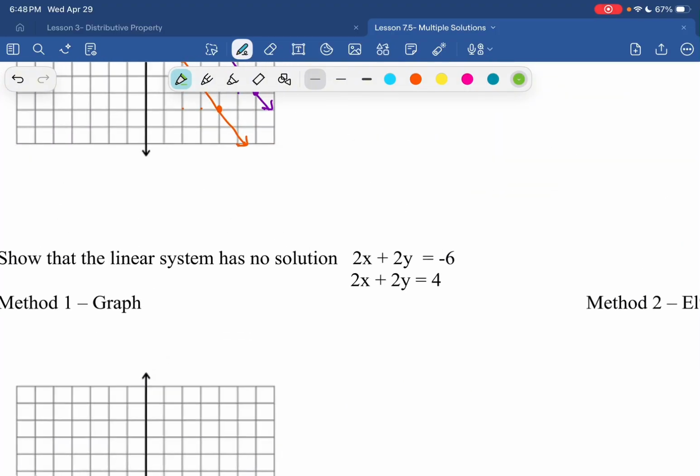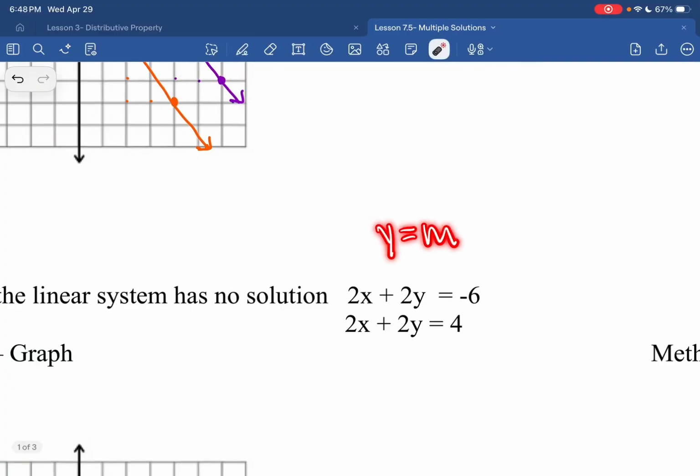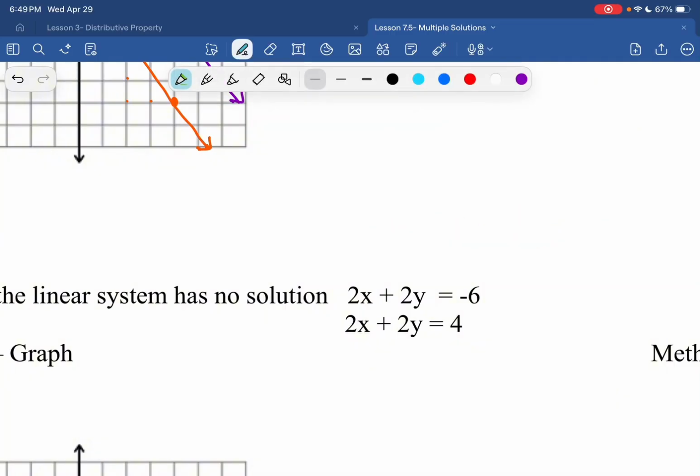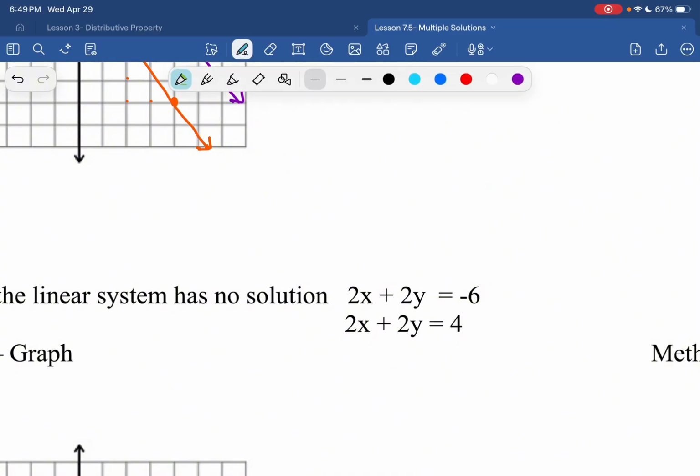Alrighty. So again, remember, we're going to be graphing, and the easiest way to graph is by graphing something in slope-intercept form, which is y equals mx plus b. So first thing you should have done is move the 2x to the right side of the equal sign. And to do that, I'm going to have to subtract 2x on both sides to keep my equation balanced.